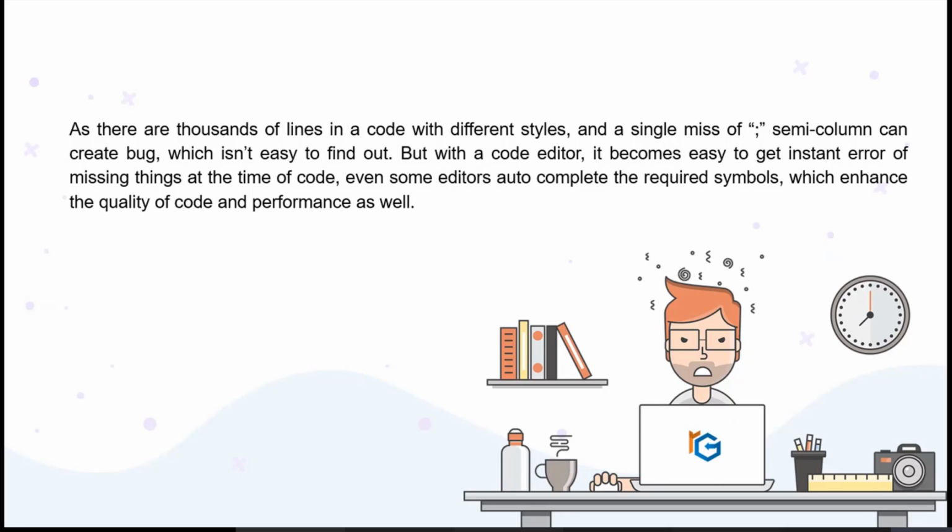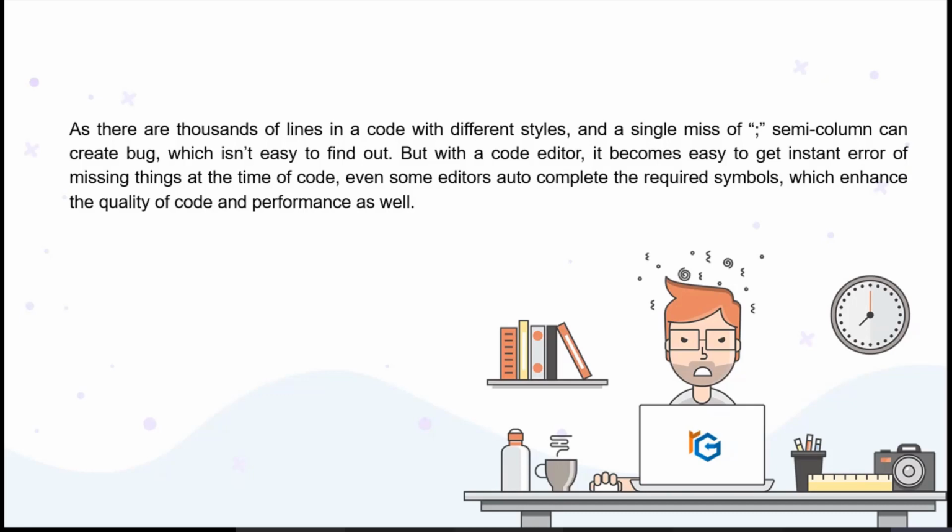If you miss even a small semicolon in any statement, it comes out as an error in the complete program and your whole code does not get compiled. So if there are thousands of lines of code, even with different styles, different indentation and different font formatting, a single missed semicolon can create a bug which is not easy to find.